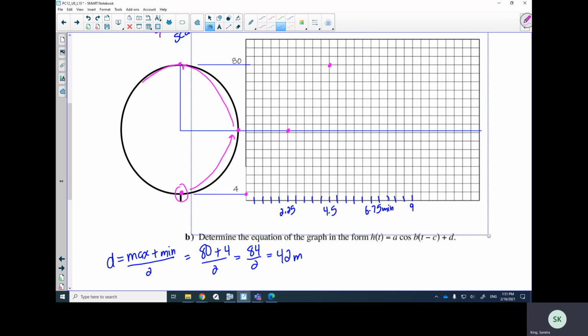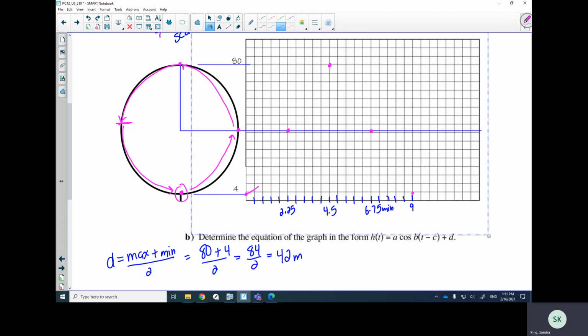Then they're going to go another 2.25 minutes, and they're going to be back in the midline, because halfway is the midline. So at 6.75, they're going to be back at the midline. Then another 2.25 minutes, they're back where they started. They're back at 4 meters above the ground, right there.